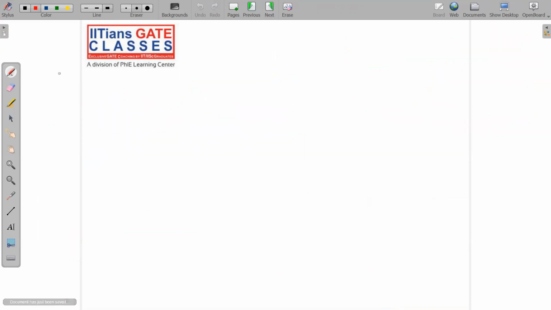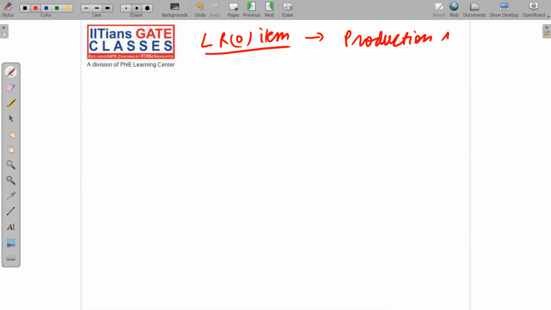So, LR0 item. What is an LR0 item? An LR0 item is any production rule of the grammar with a dot in the RHS.